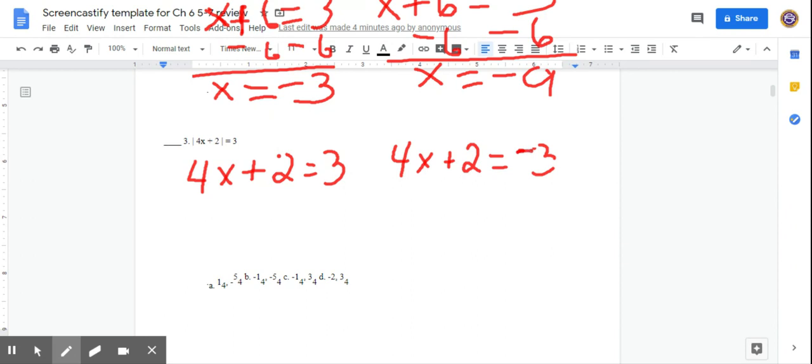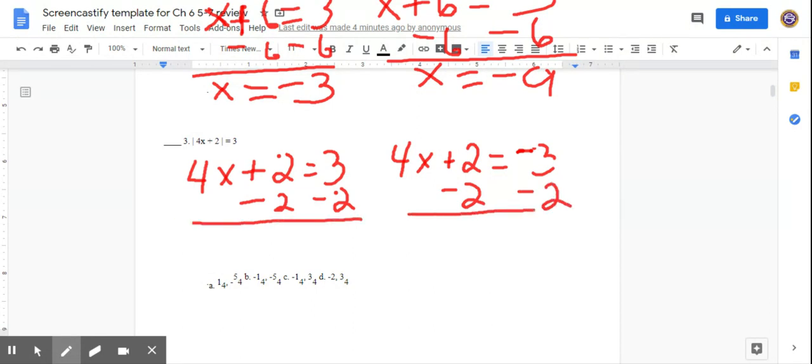Now we have to solve. Subtract 2 from both sides. Notice I go straight across because I'm going to just do the same work twice. So now I have 4x equals 1 and 4x equals -5. Now I have to get x by itself.